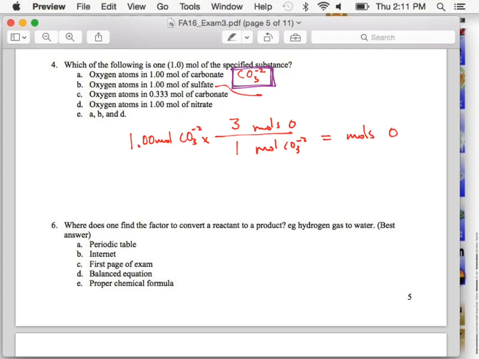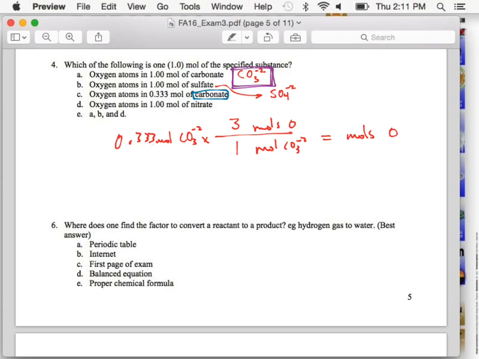What about sulfate? What's our formula for sulfate? SO4 minus 2. Are we going to have 1 mole of oxygen atoms there? Nope. Carbonate shows up again, but this time 1/3 of a mole. 0.333 moles times 3 equals 1 mole.